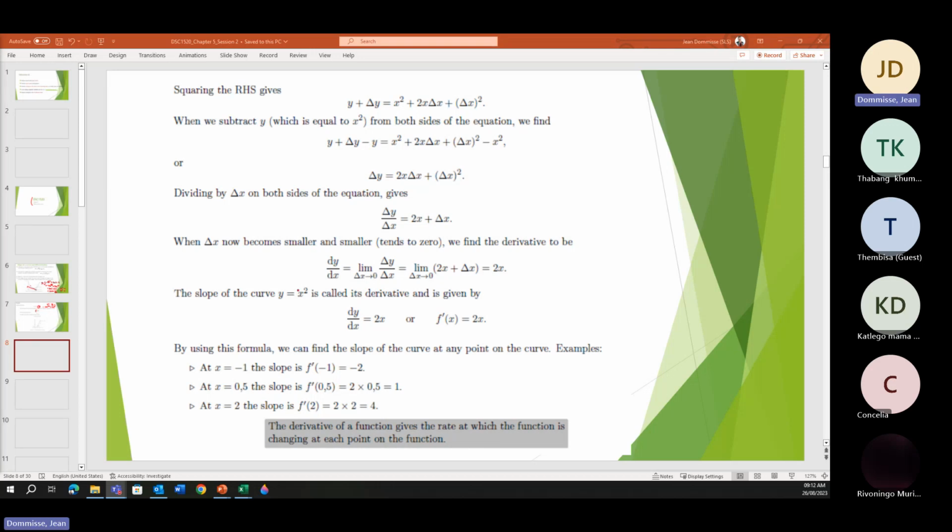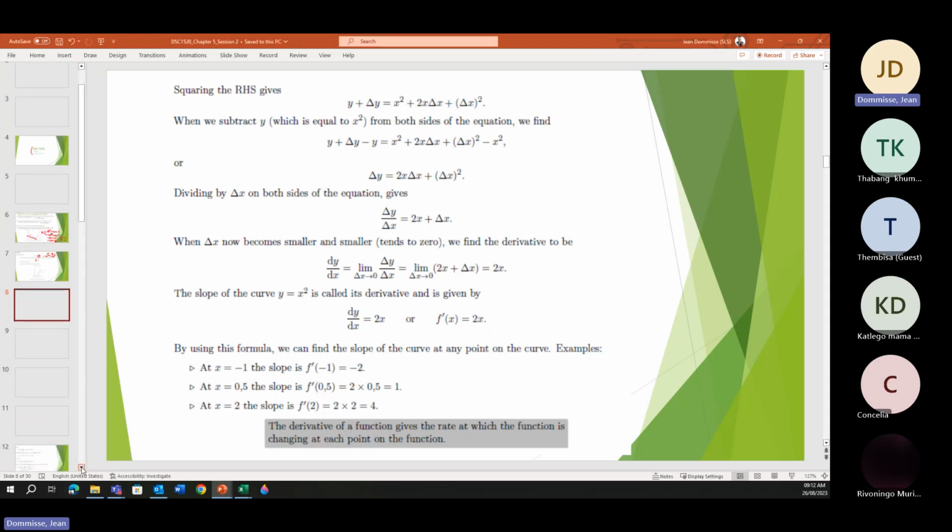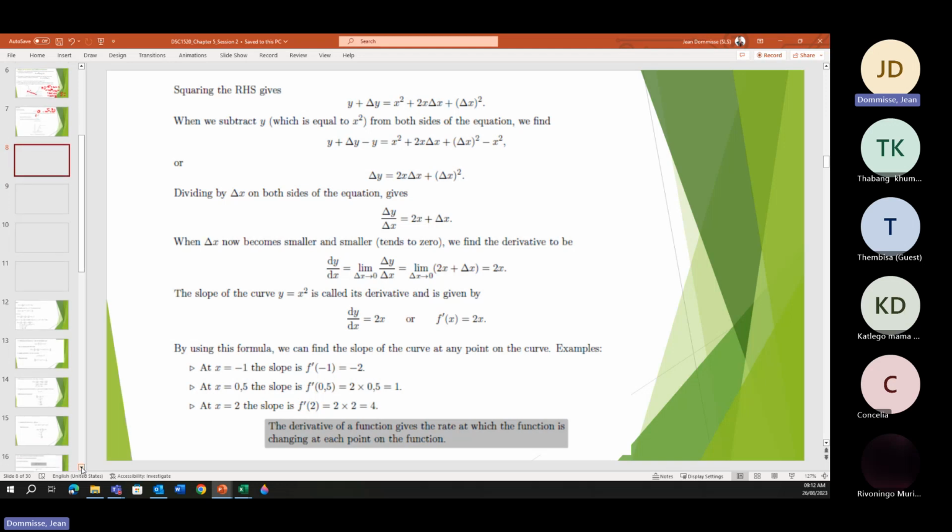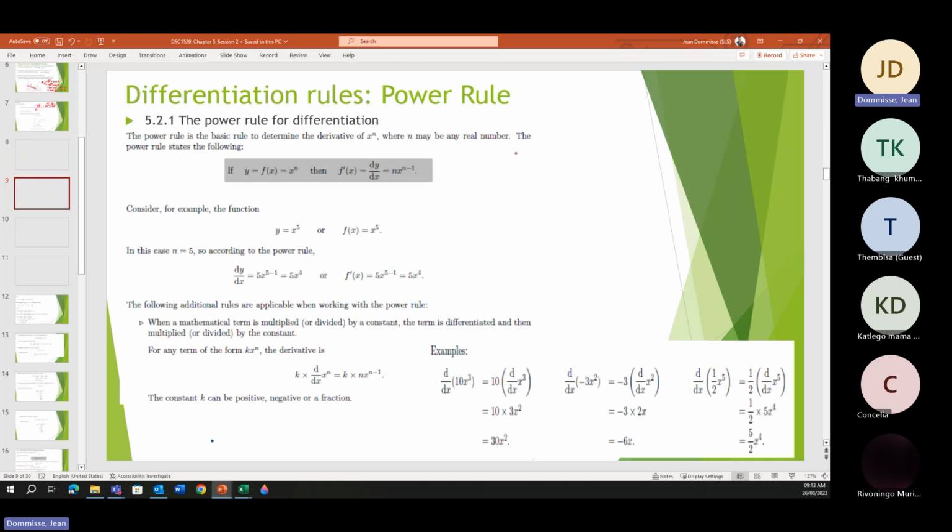So we're going through chapter 5. Hopefully we can also go through chapter 4 a bit, but let's see how far we get. Please, again, don't stress too much about the maths behind differentiation. The important thing that we're going to go through is that you know your differentiation rules.